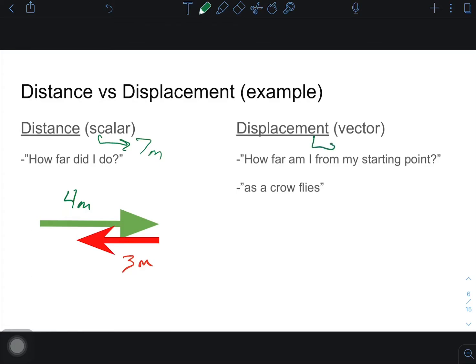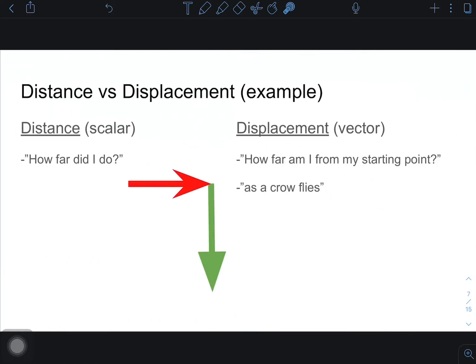How far am I from my starting point? I am 1 meter to the right from where I started. We need that direction. So I walked a total of over 4, back 3, a total of 7 meters. However, I'm only 1 meter to the right of my starting location, so they're slightly different.